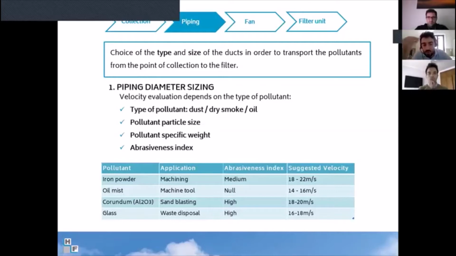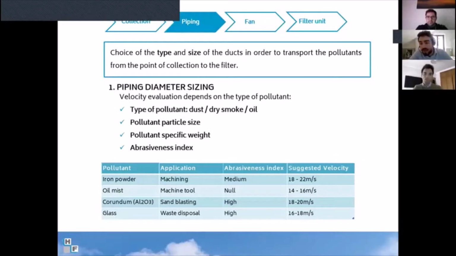In order to properly design the piping, we have first of all to understand which is the pollutant. So if you are talking about dust, dry smokes, oil, VOC, and so on, we have to understand the pollutant particle size.